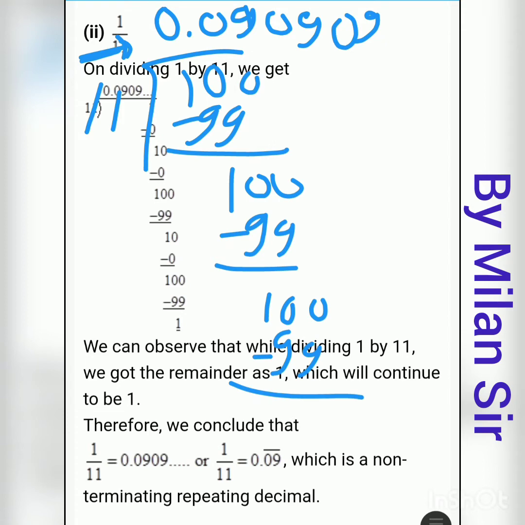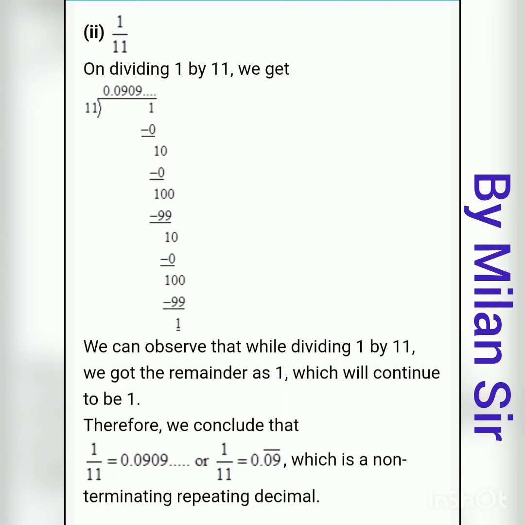This process is continuous, so we continuously get 0.09090909. Our answer is not terminating here.